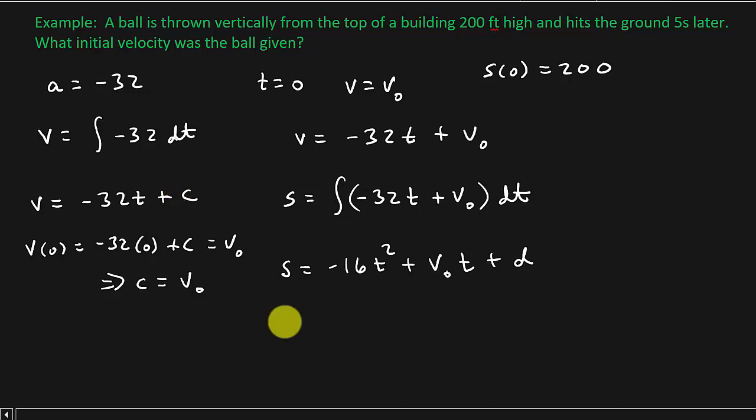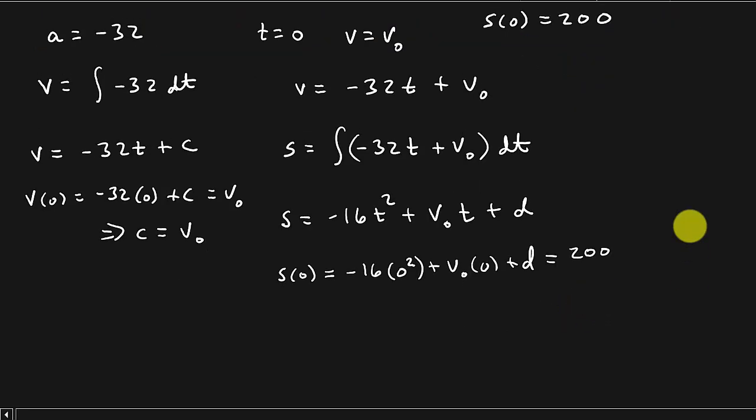So now we know that s of 0 is equal to negative 16 times 0 squared plus v0 times 0 plus d, and that should equal 200. This tells me that d is equal to 200, because this term and this term go to 0.